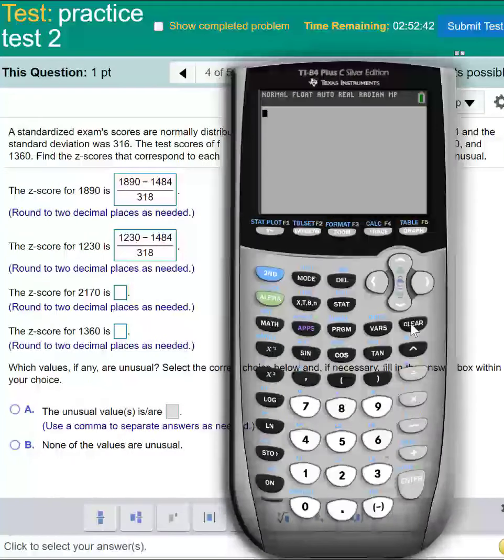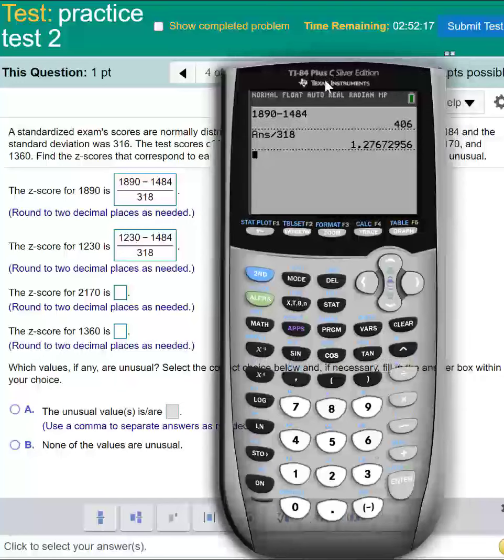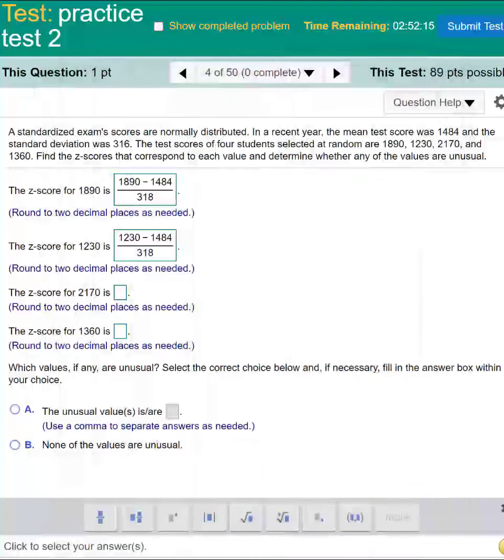So I'm going to clear this screen. 1890 minus 1484. Let's see what this one is first. I have to do the numerator first and then divide by 318. So your z-score is 1.28. You just enter 1.28 rounded to 2 decimal places, and you do the same for the rest of them.